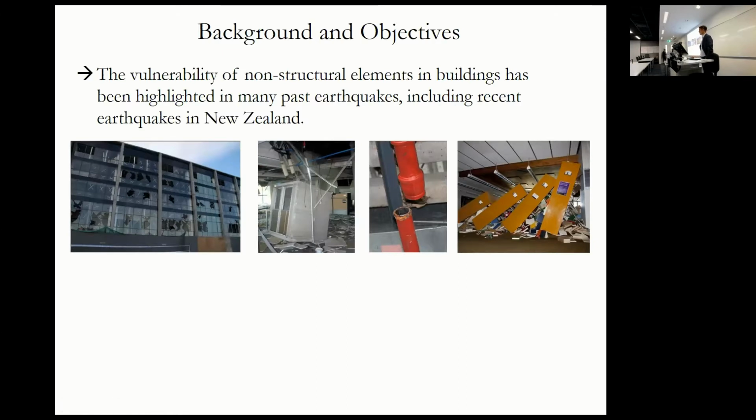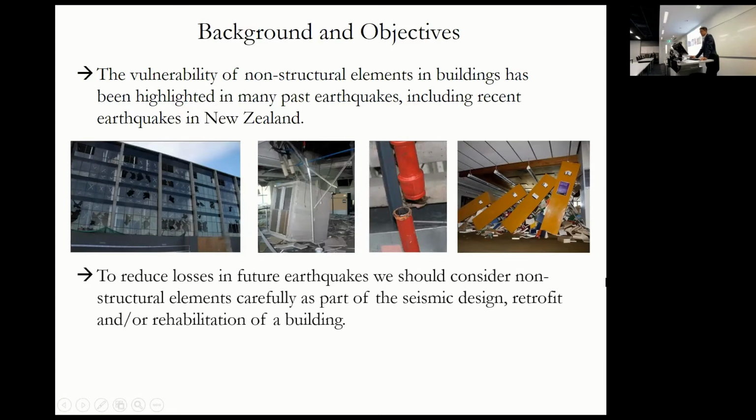And they're very vulnerable. So we see the sort of damage you see here, maybe glazing damage, maybe mechanical services damage, pipes can get broken, contents damage. And there are a range of different elements. We'll be looking at different ones today that were particularly critical for this building.